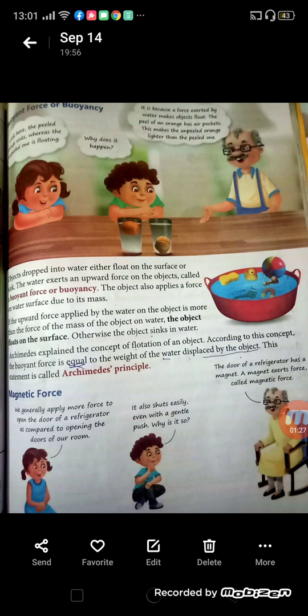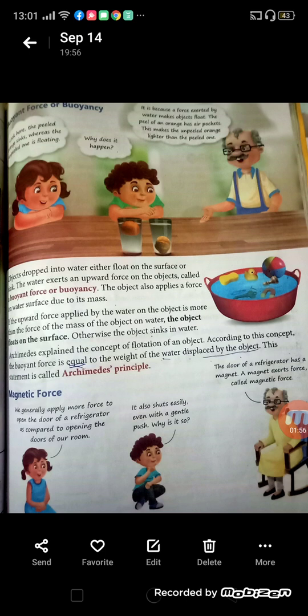Peeled orange means remove the peel of the orange, and then put it into the water. Then observe what will happen. In one bowl you have put an orange with peel, and in another bowl an orange without peel. Now observe what will happen.